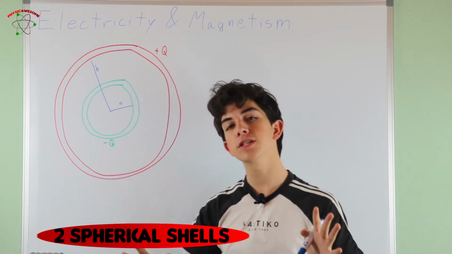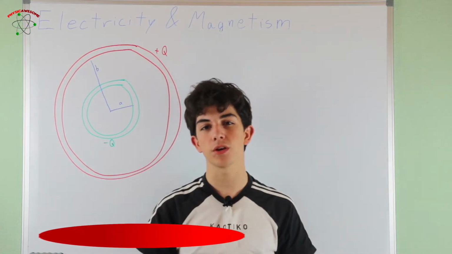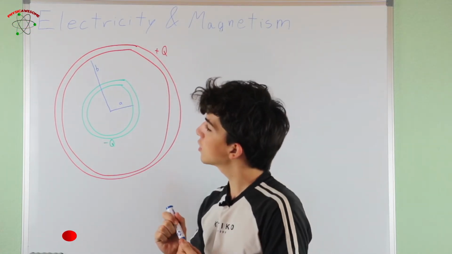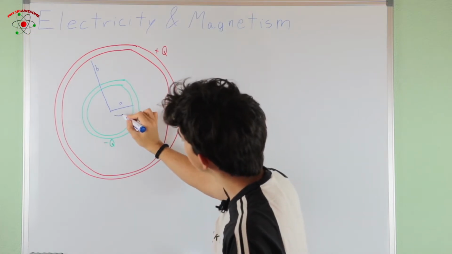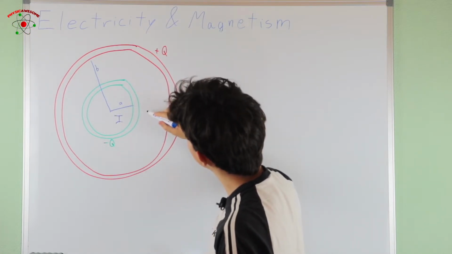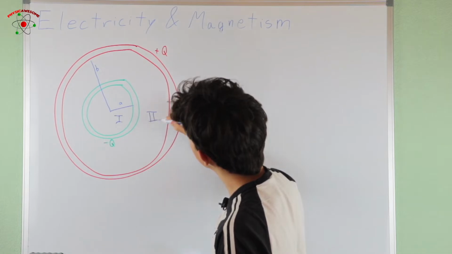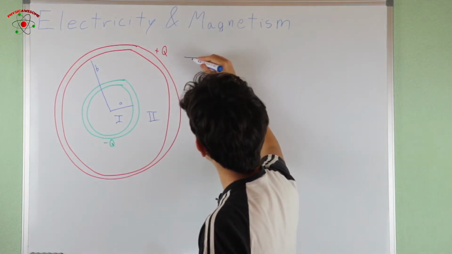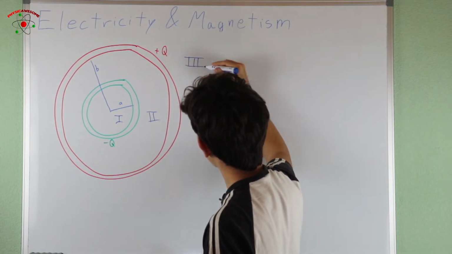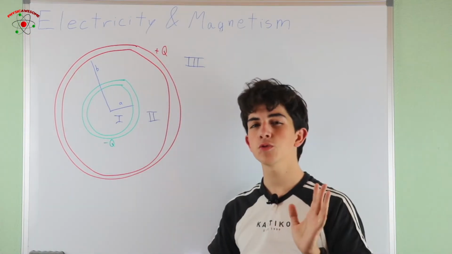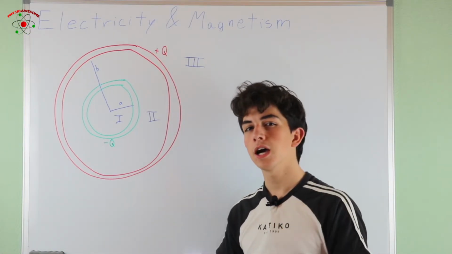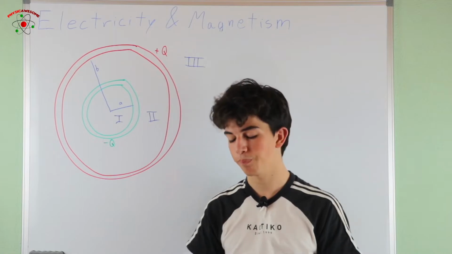We can clearly see there are going to be 3 regions over here. We're going to have region 1, then that is going to be region 2, and this is going to be region 3. Let's try to get first an intuition about what is going to happen.